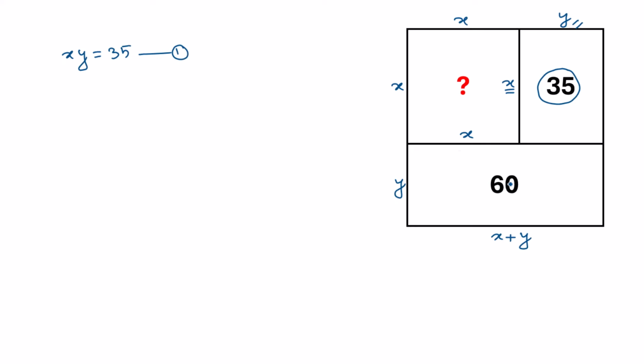Now from this rectangle, the length is x plus y and width is y and area is 60. So we can write y times x plus y. So this is the area of this rectangle. So y times x plus y is equal to 60.